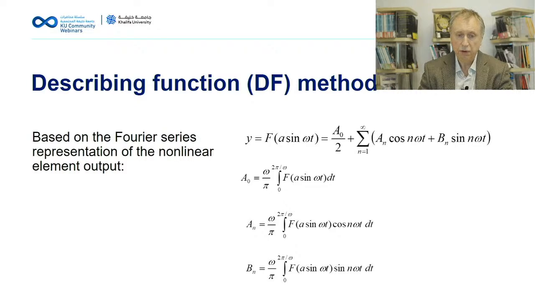The describing function is simply a complex equivalent gain of the nonlinearity, which describes propagation of this harmonic signal through the nonlinearity in terms of the first harmonic in the output signal from the nonlinearity.